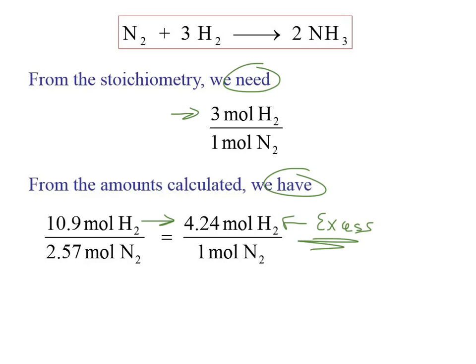Once you get to that point, it's like a pre-calculation to clearly say H2 is in excess, N2 is in limited supply. Then you can actually answer the rest of the questions using the N2, the nitrogen.